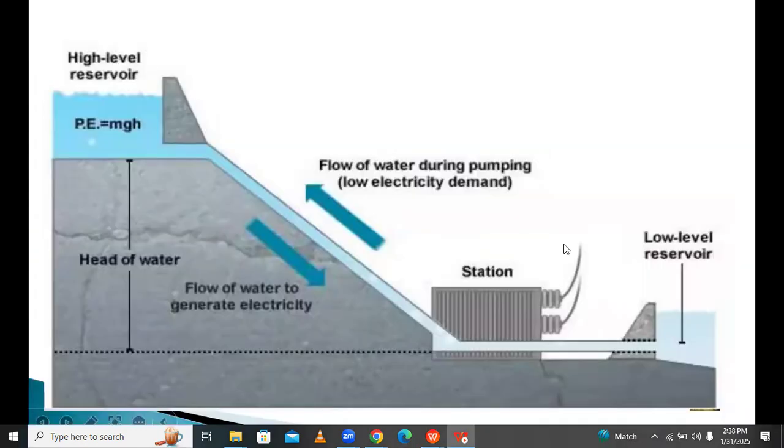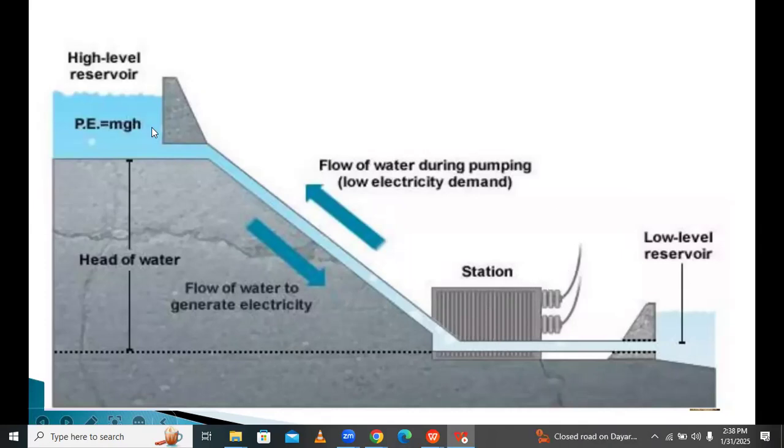So you can understand from this diagram also easily. This is the higher level reservoir, the lower level reservoir, and the flow of water to generate the electricity. Potential energy is converted into kinetic energy, to mechanical energy, to electrical energy.